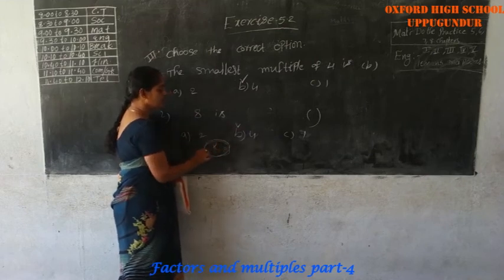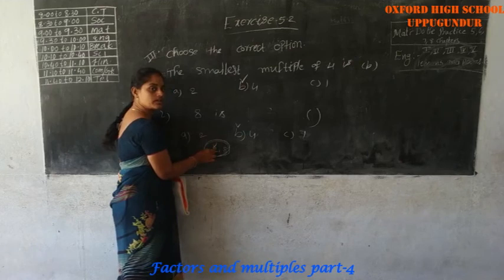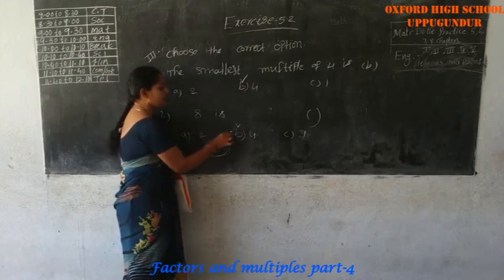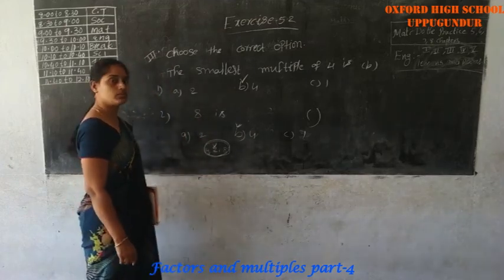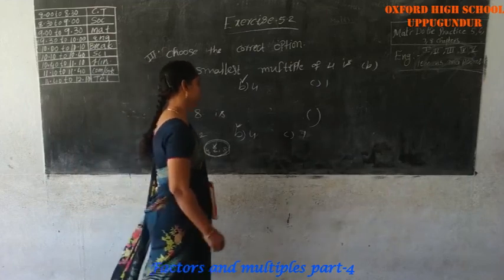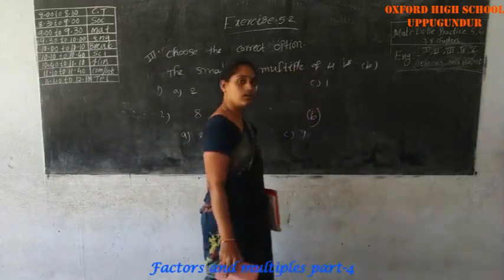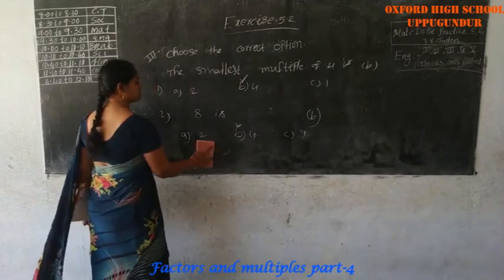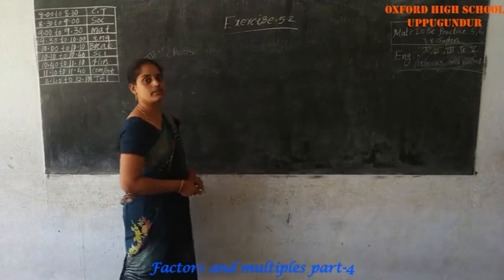Next, 1 eight is 8. Of these 3, which one is the smallest value? 2 is the smallest value. So B is the correct answer. Okay. Is it clear? Okay, ma'am. Today's class is completed. Thank you.